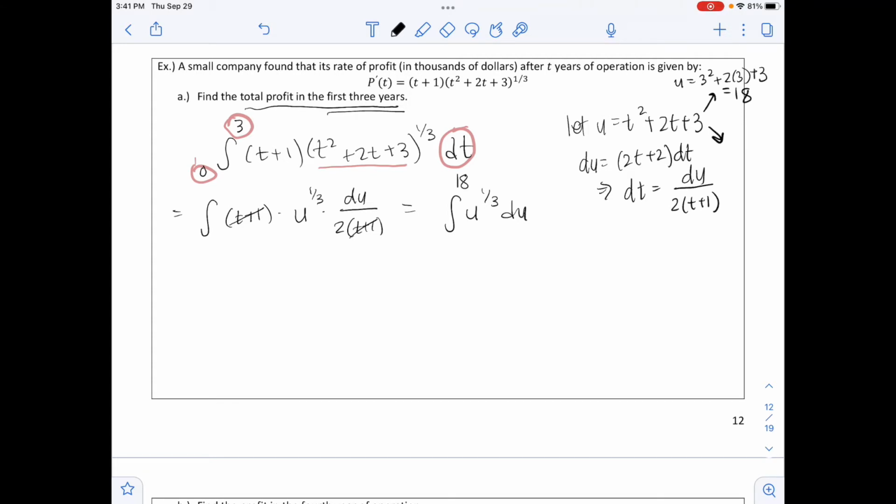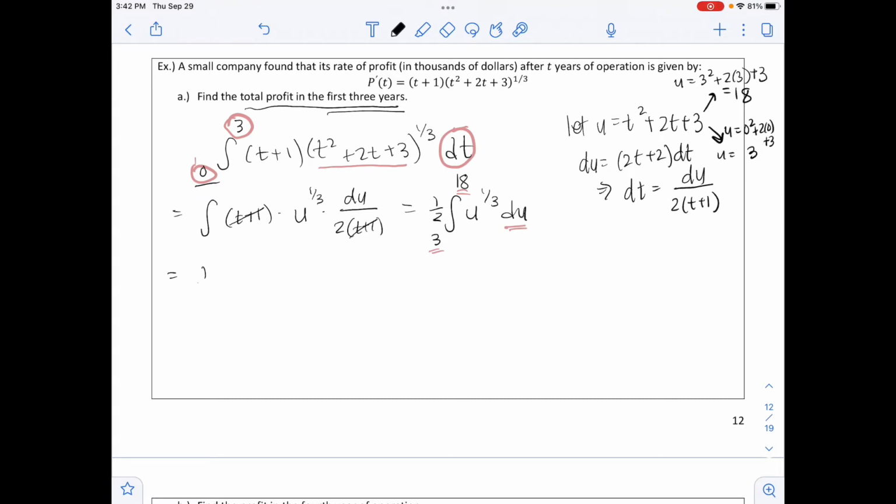The new lower limit of integration, I need to substitute in t is 0. So I have u equals 0 squared plus 2 times 0 plus 3. So u is going to be equal to 3. And that's my new lower limit of integration. We also had that 1/2 out in front that I forgot to add in, that we need to add in.